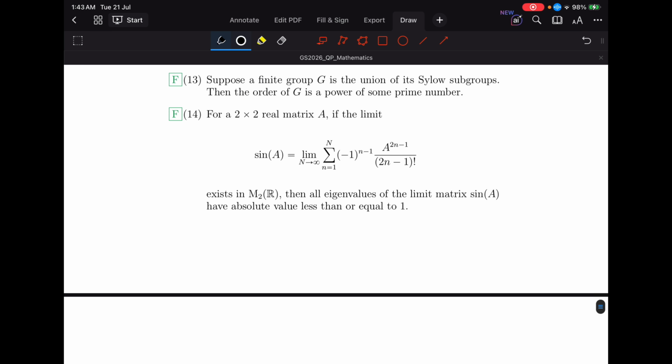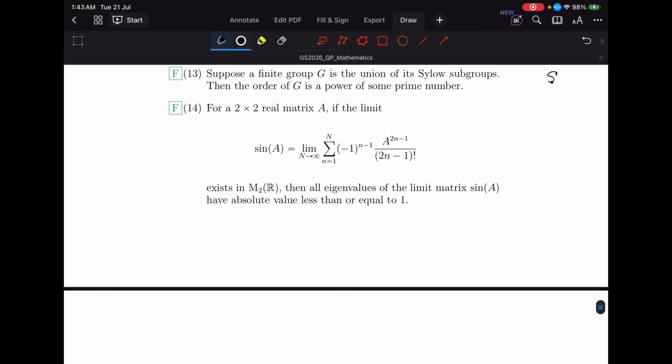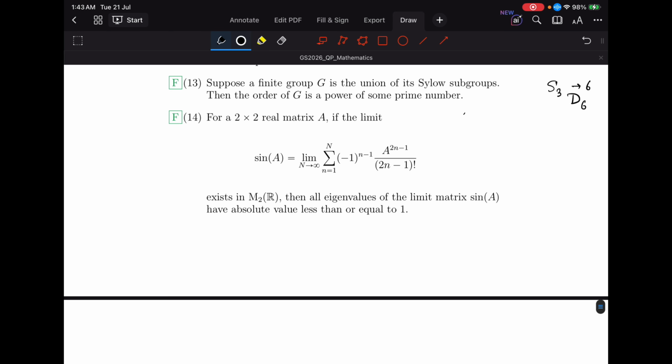Suppose a finite group G is a union of its Sylow subgroups, then the order of G is a power of some prime. It is not true, right? Because if you look at S3, this has 6 elements. You can visualize it as D6.